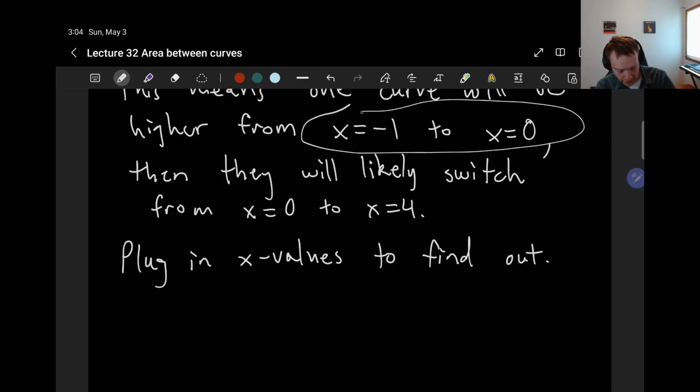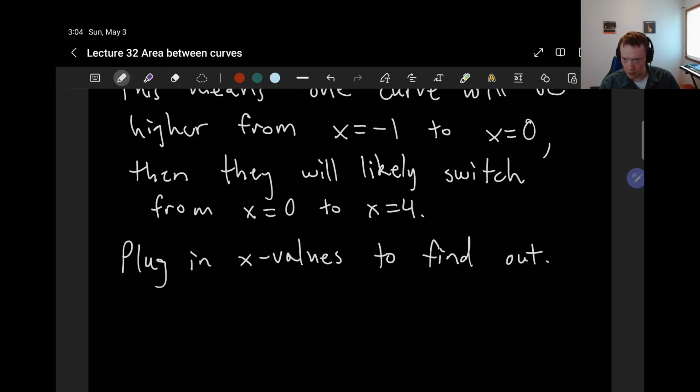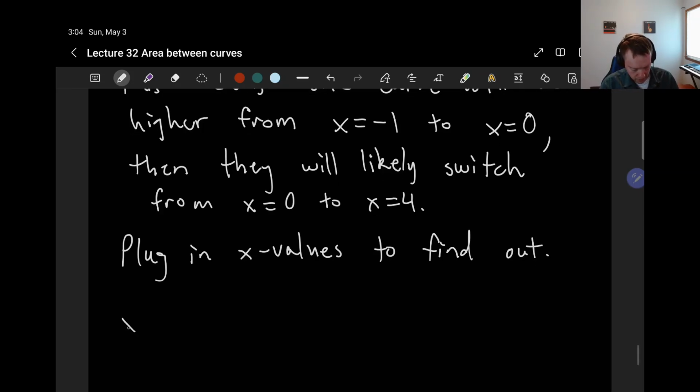So between -1 and 0, I want to pick a nice x value to plug in. Really, -1 is fine. It's okay if it's a quote unquote endpoint here, because this was really just an arbitrary place we chose to stop. It's not an intersection point between the two curves. So -1 is a nice number. That'll give us a good understanding of which curve is higher on the left side.